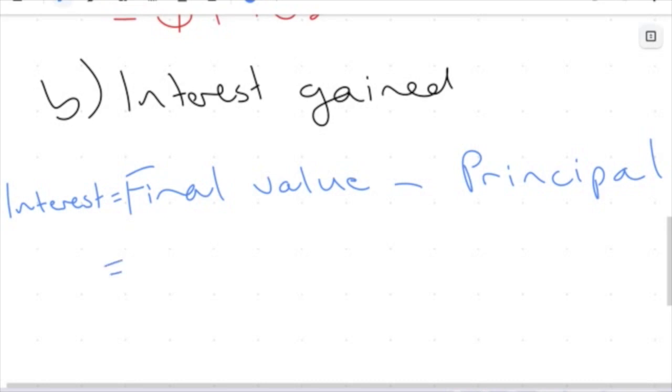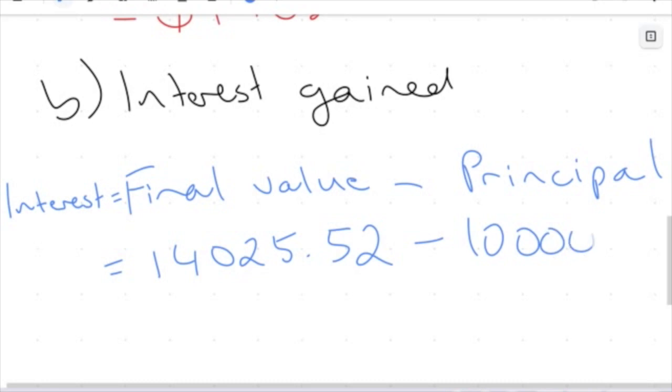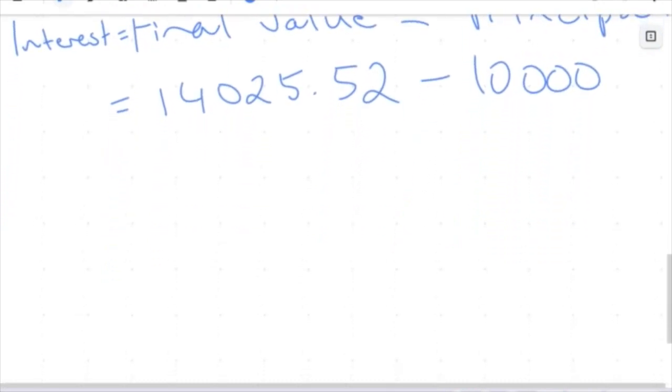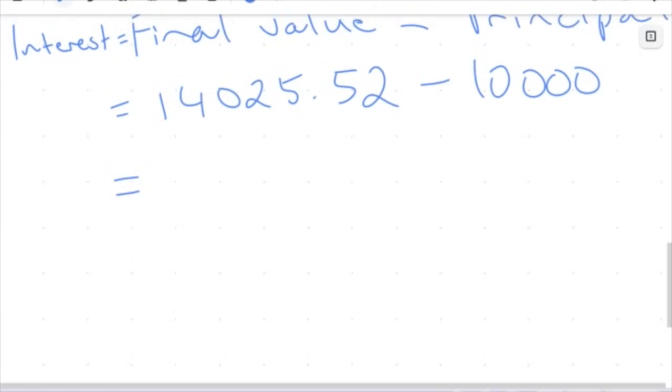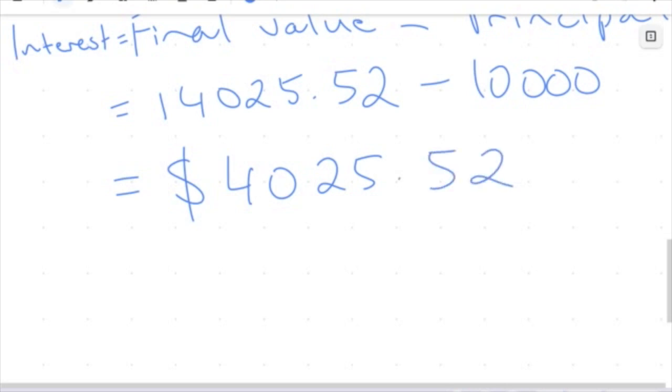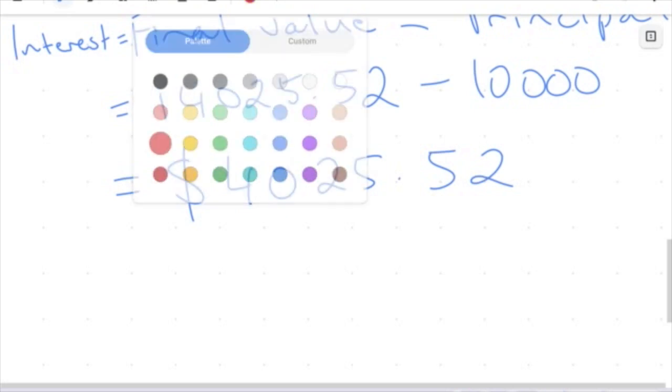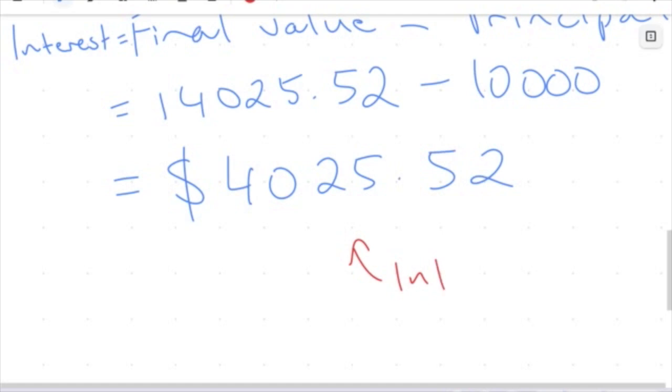So we're going to take my $14,025.52 and we're going to subtract 10,000 from that. And that means the difference, the amount that actually accrued, that we gained in interest, is $4,025.52. This thing here is not my final value, it is my interest gained.